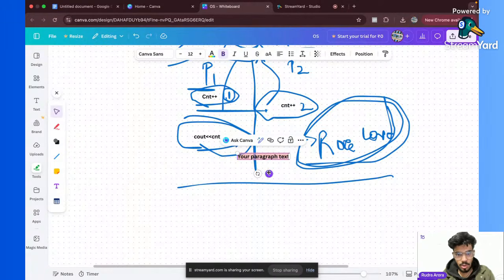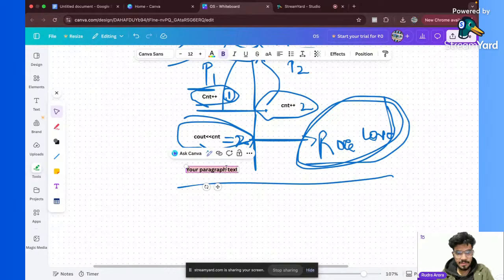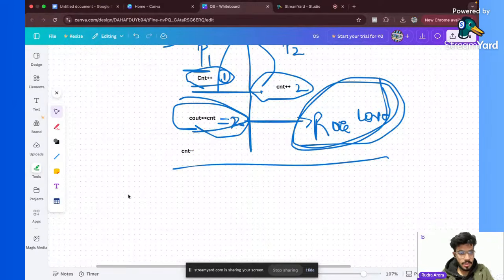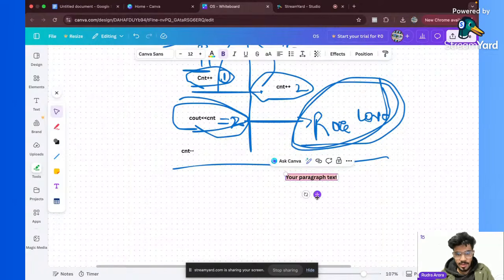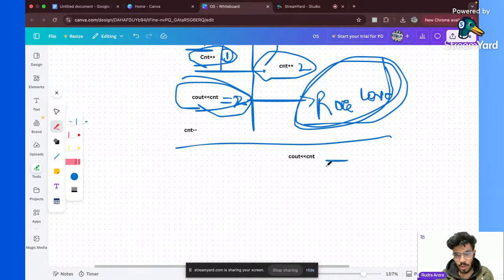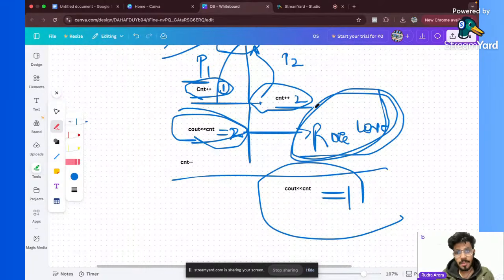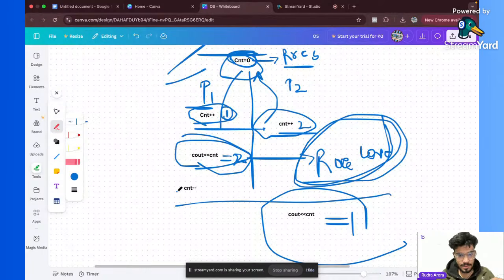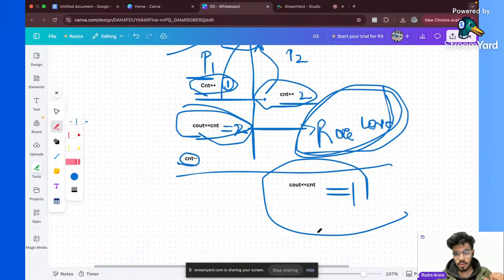Let me show what happens here. P1 does count minus minus, and after that P2 says that it wants to print this count. So what will be printed here is one. How did it lead to inconsistent data? P2 wanted it to be two, but because P1 entered and decremented this count, inconsistent data is produced.